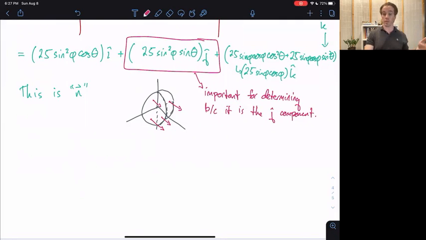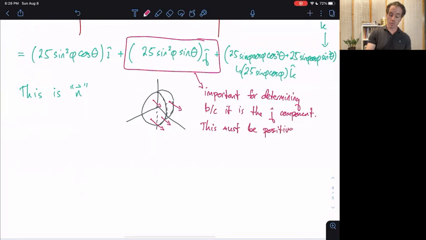So it's not the same in every problem. You have to look at each problem individually. The reason that the j component is the important thing in this problem is that we want the orientation to be in the direction of the positive y-axis. That means that this must be positive over the domain of integration.